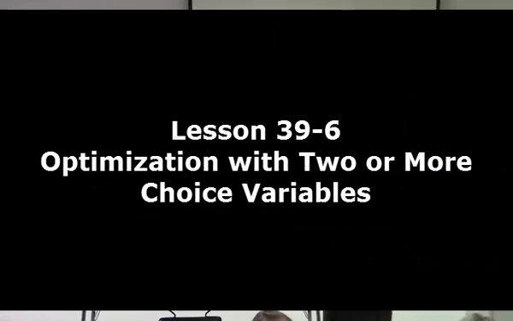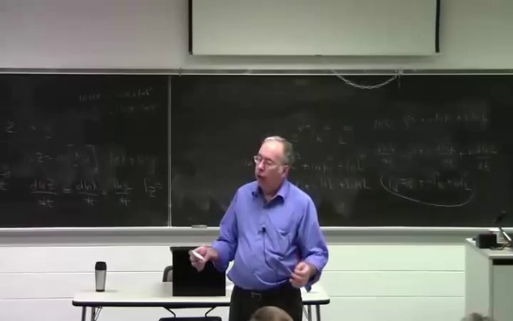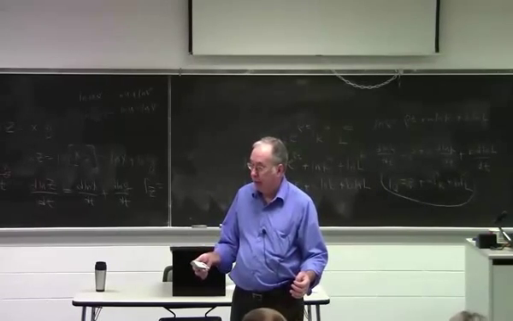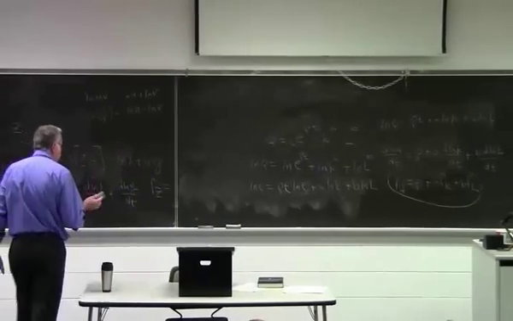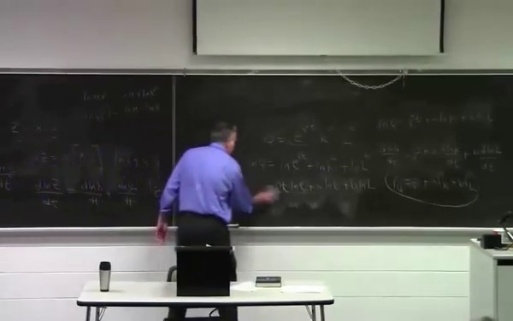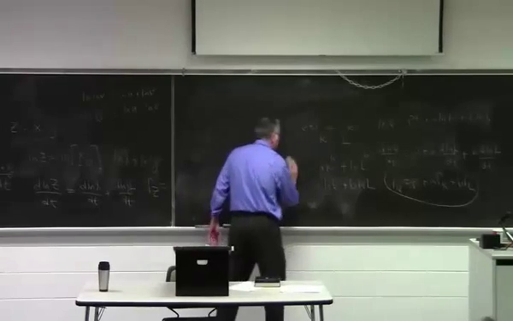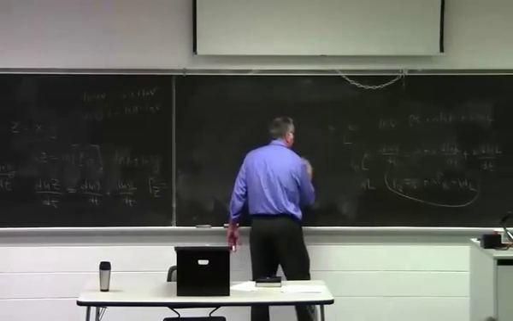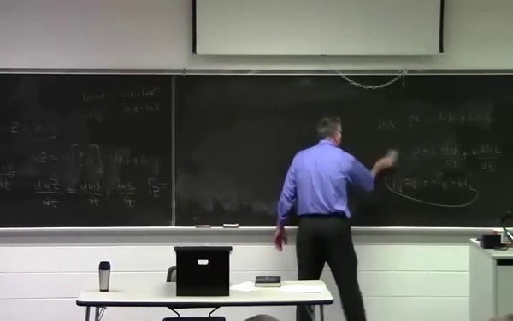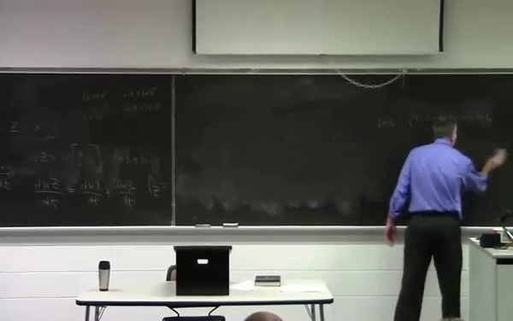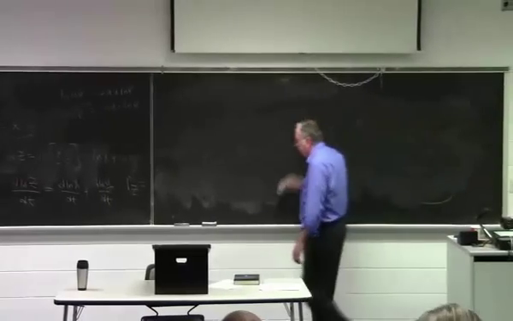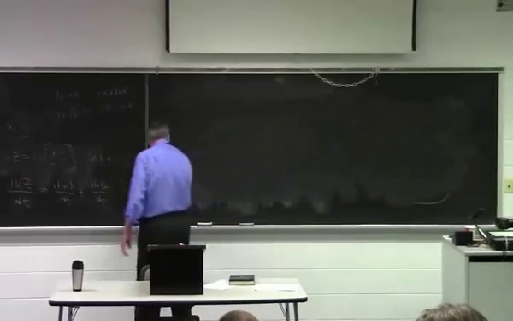Chapter 11 deals with optimization problems with two or more choice variables. So consider an optimization problem of this type. Let our dependent variable now be z.